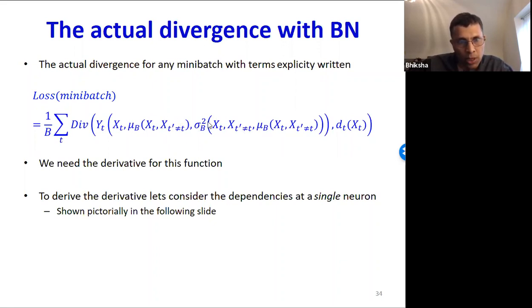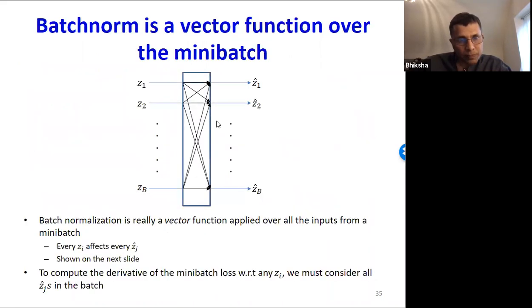And so also the variance is a function of the mean, the current input, and the remaining instances in the mini batch. And so this actually ends up being quite a hideous function. And we have to compute the derivative of this more hideous function. So let's see how we can compute the derivative.